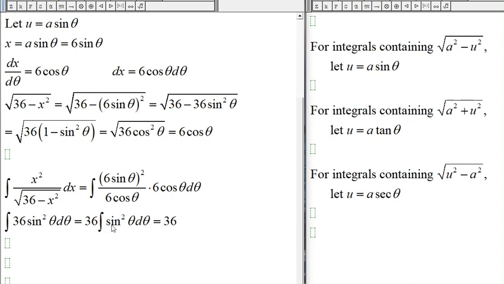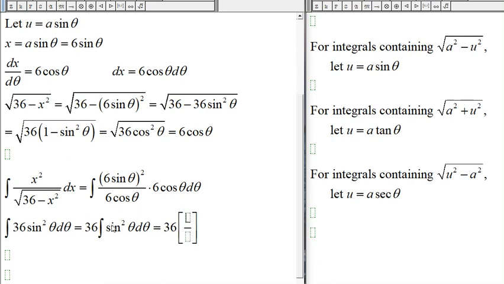And so before we got 1/2 theta minus sine of theta cosine of theta.